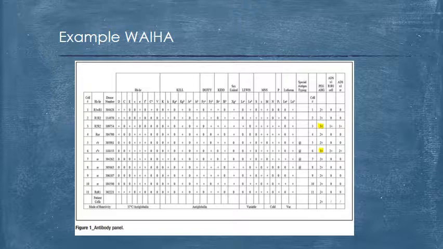And after the autoabsorption was done, you can see that the eluate, the adsorbed serum, was then still reactive in the same cells. And that points to a pattern. If you look through the cells, it points to a pattern of anti-big E specificity of an alloantibody behind that. So you can see some of the techniques that you might need to use in order to fully screen a patient for antibodies.